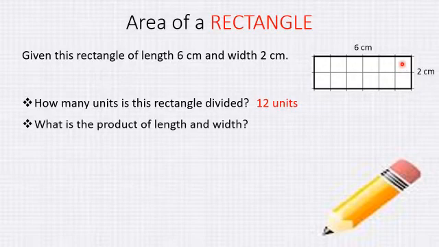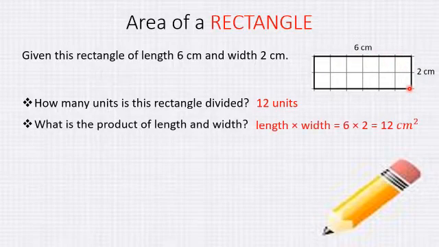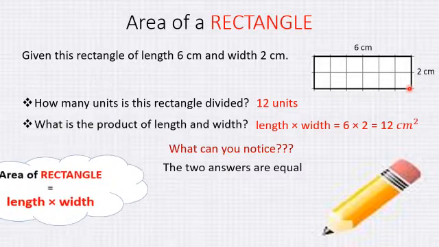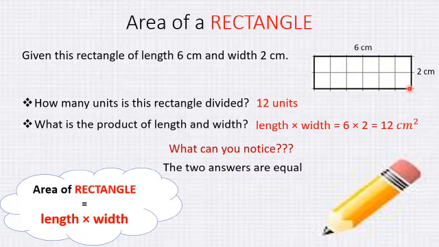What is the product of the length and the width? They told us that the length is equal to 6 and the width is equal to 2. Then length times width is equal to 6 times 2 equals 12 centimeters squared. What can you notice? We can notice that the two answers are equal. Then the area of rectangle is equal to length times width.